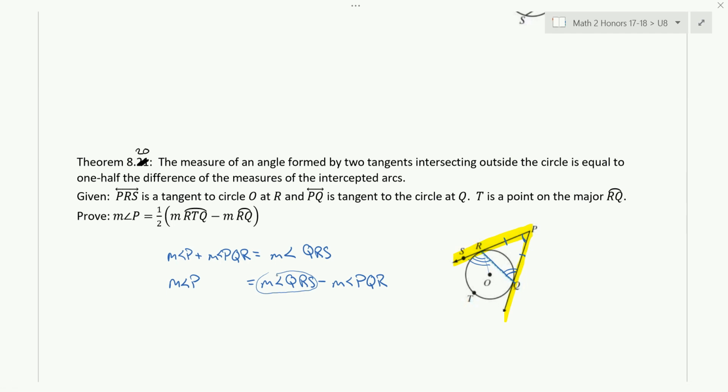That's an angle between what two things? QR, right here, QRS. That's between a tangent and a chord, right? And so we know that an angle between a tangent and chord is equal to 1/2 the measure of the arc intercepted by that chord. So that's equal to 1/2 the measure of arc RTQ.